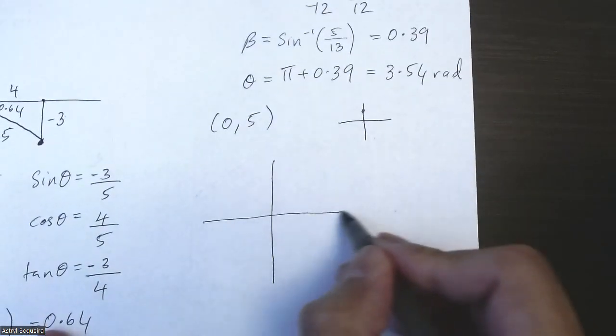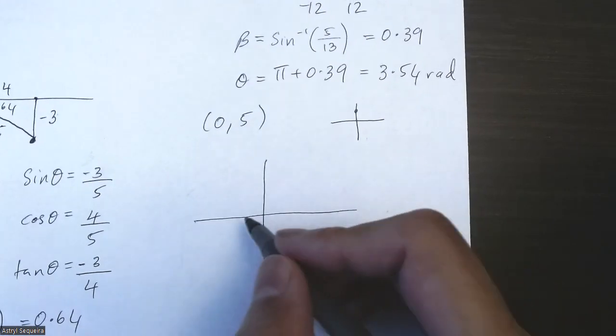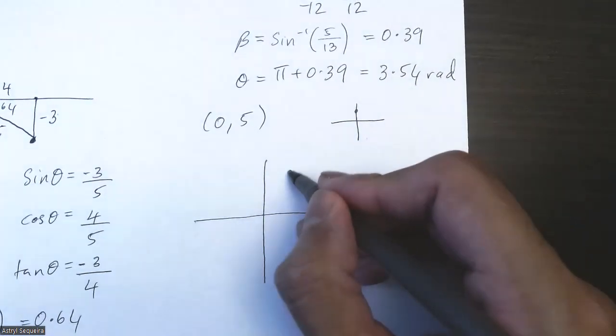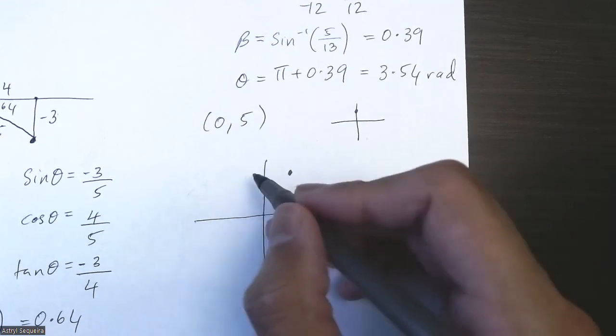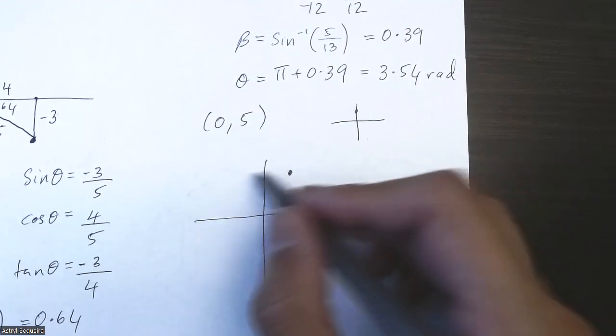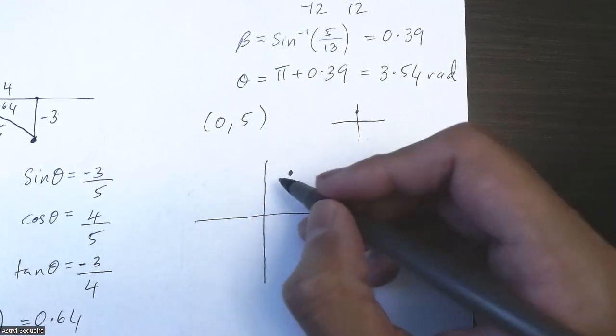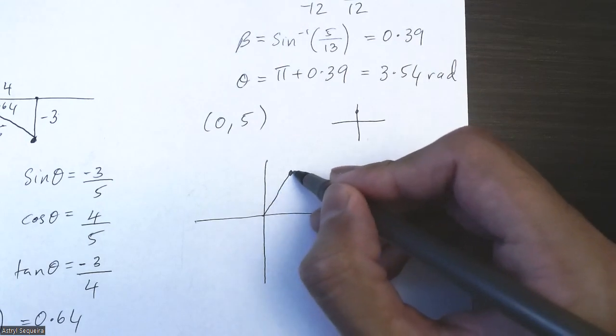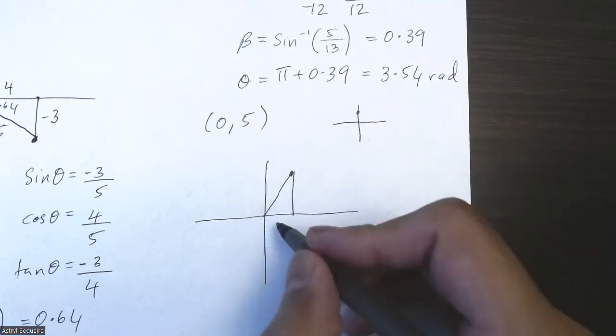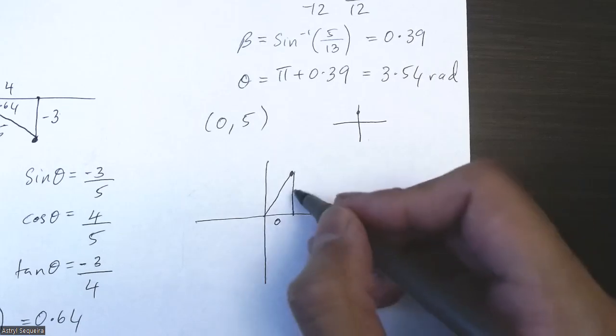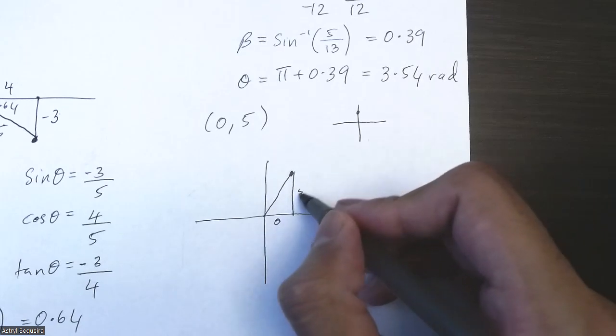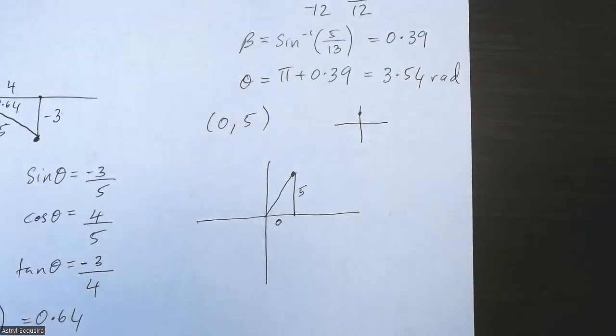But remember, this diagram is not accurate. I'm actually going to label 0, 5 over here in the first quadrant. You could have done it in this one as well. It doesn't matter. Any of these two would work. And I'm going to draw my triangle like this. I'm going to label my x value as 0, and I'm going to label my y value as 5. This is going to help make things a bit easier.